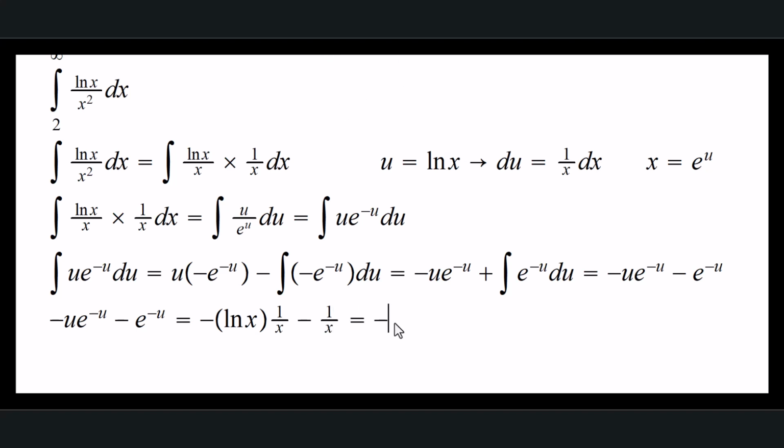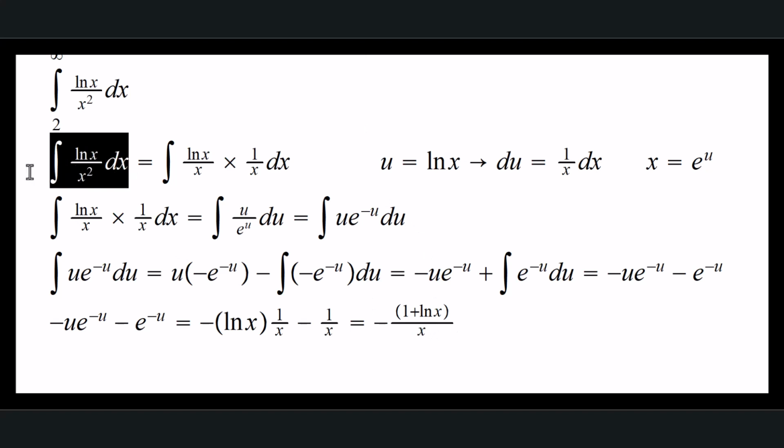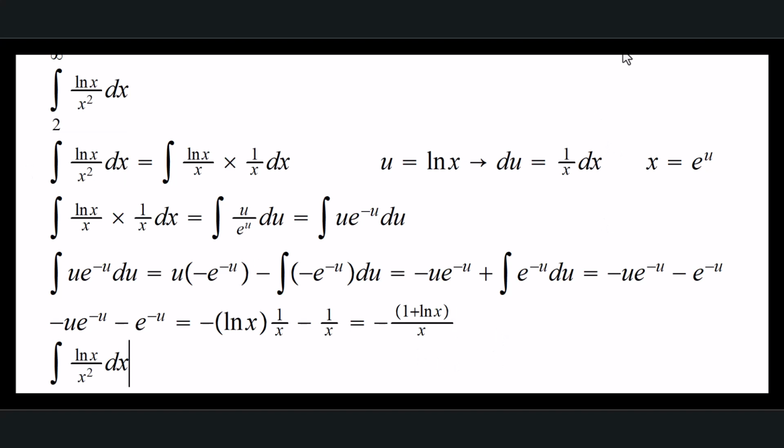So you simply get negative 1 plus ln of x over x. This integral we have evaluated already, and I'm just confirming it by computer. Yeah, we did a good job.